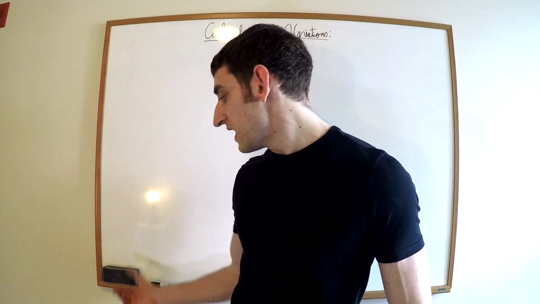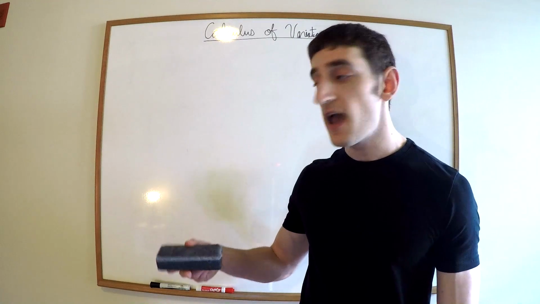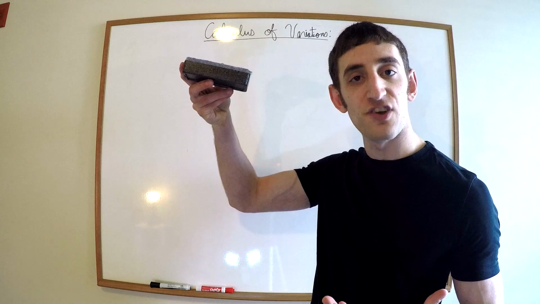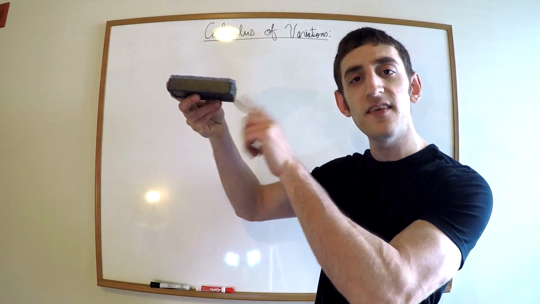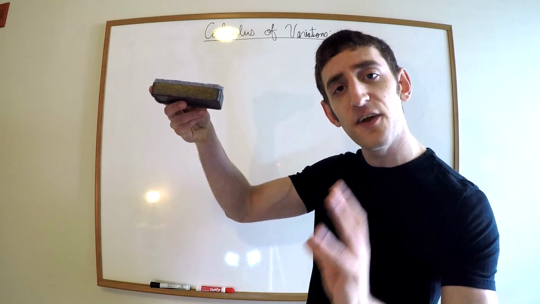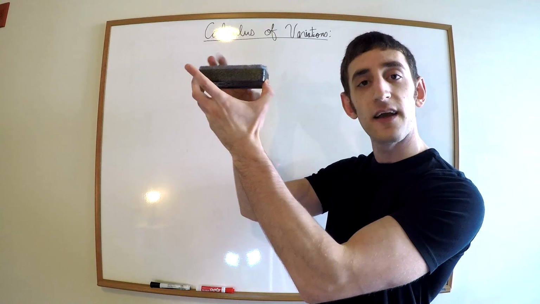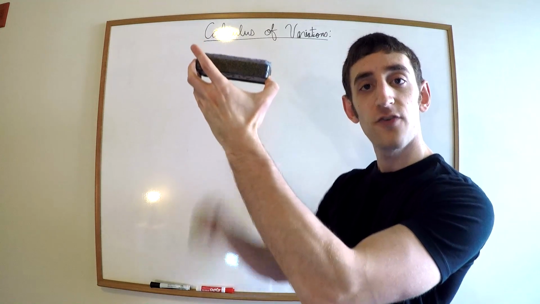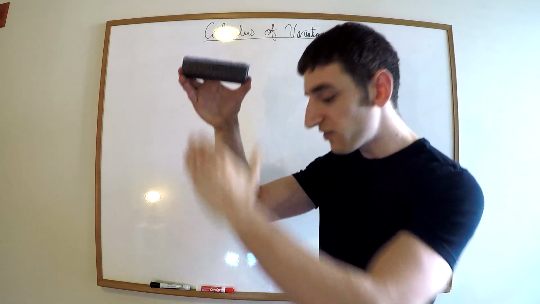For example, if I take this eraser here and I move it up right here, what happens is I give it potential energy, right? And the potential energy I put into this puts the system in a less energy efficient configuration, right? Because this eraser has the force of gravity acting upon it. The force of gravity is going down, so it wants to push it down.